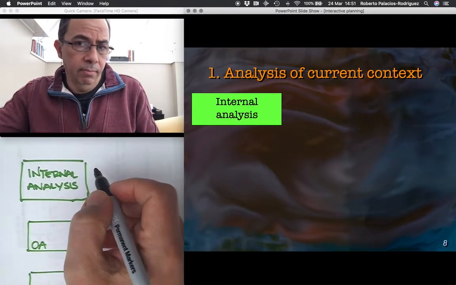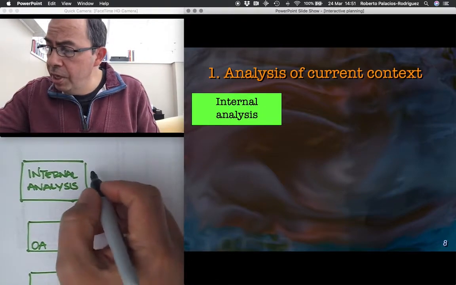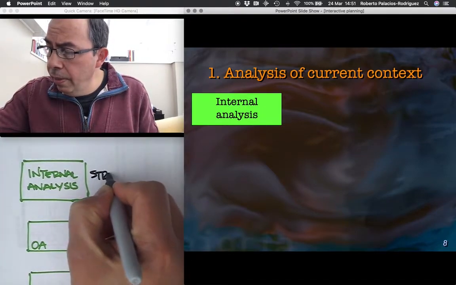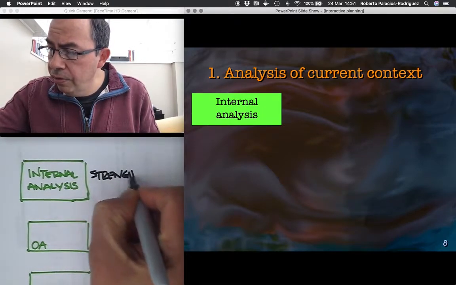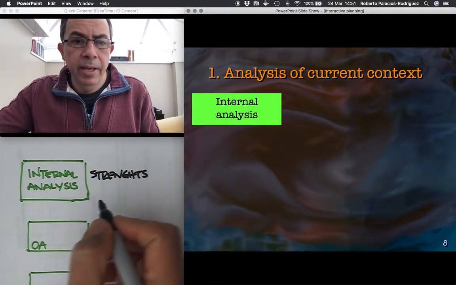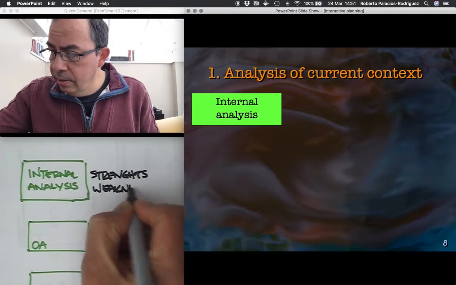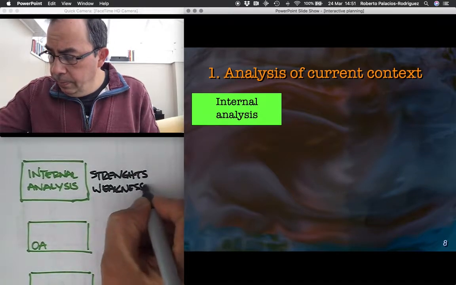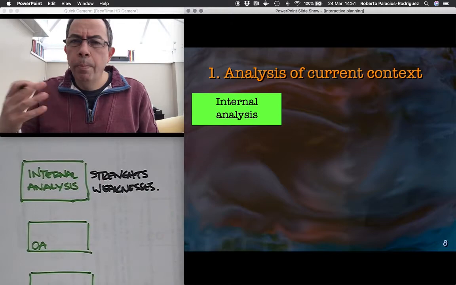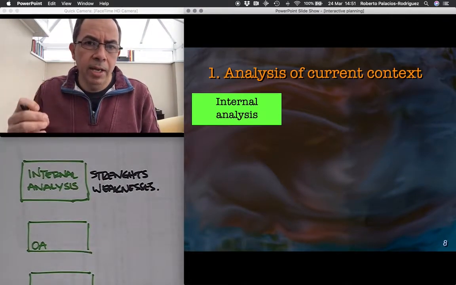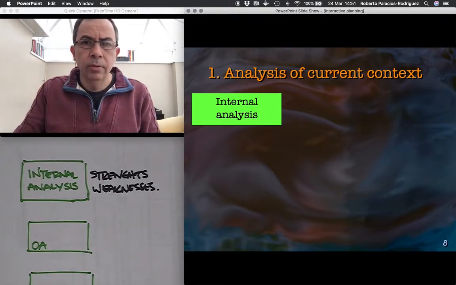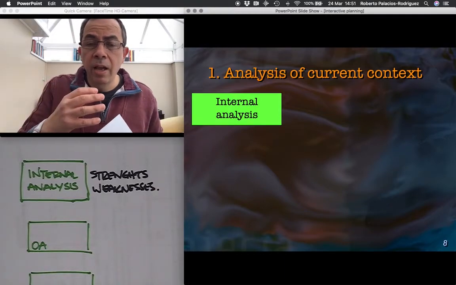So if it's planning for a company organization, you are thinking in terms of the strengths that a company has, as well as the weaknesses that an organization, a person has. What are the plus and minus? What are the good things about the company? The not as good elements.